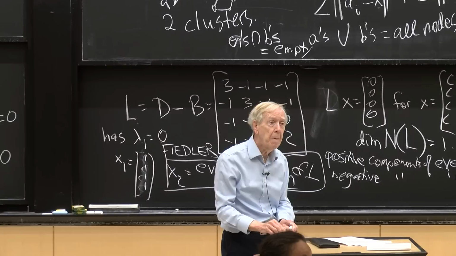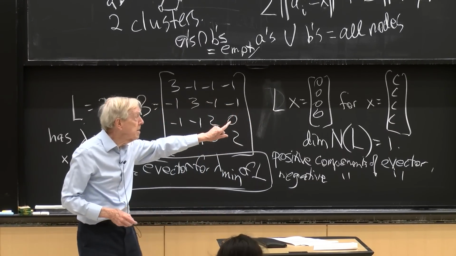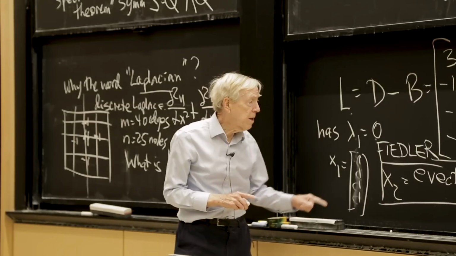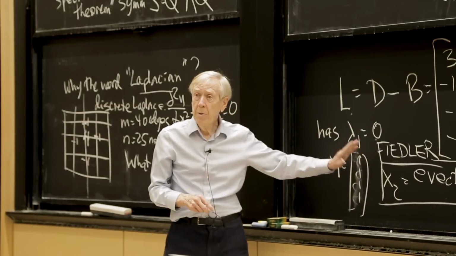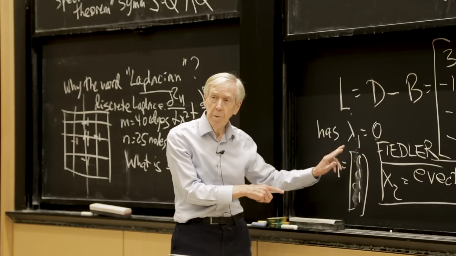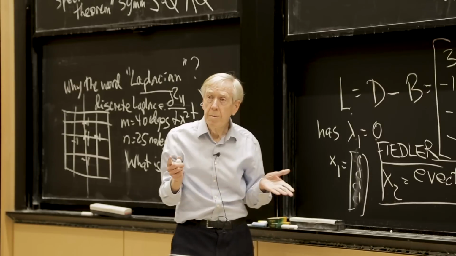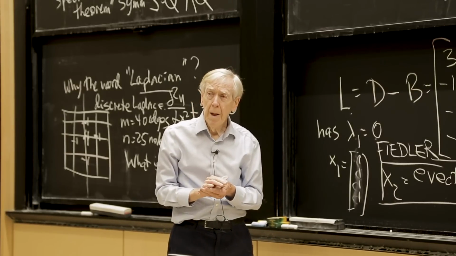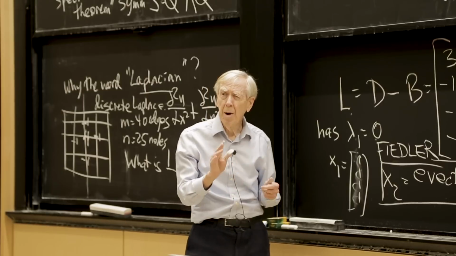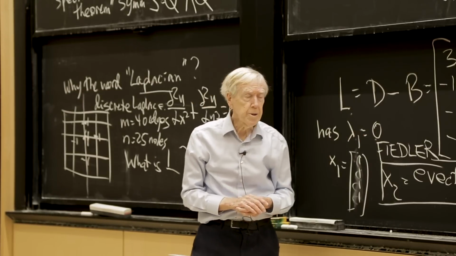Final question? Yeah. Is it possible to do more than 2 clusters? Well, certainly for k-means. Now, if I had to do 3 clusters with Fiedler, I would look at the first 3 eigenvectors. And, well, the first one would be nothing, and I'd look at the next 2. And that would be pretty successful. If I wanted 6 clusters, it probably would fall off in the quality of the clustering.